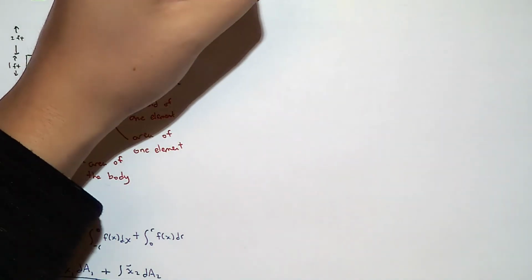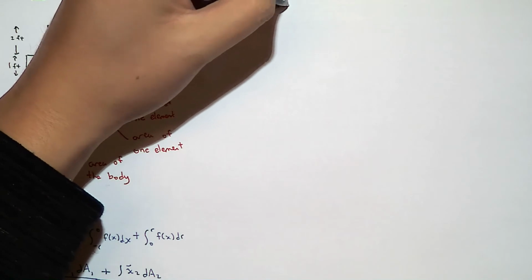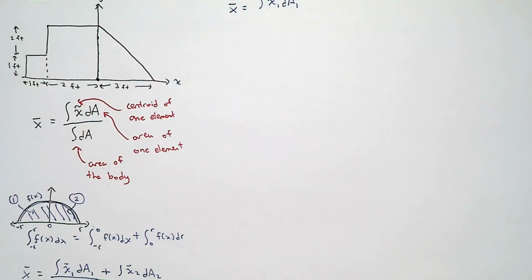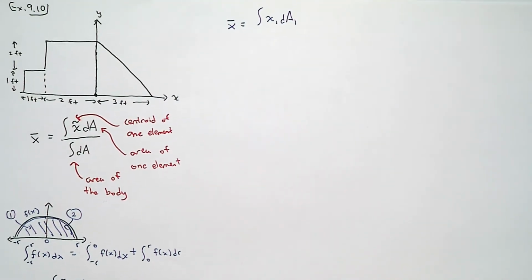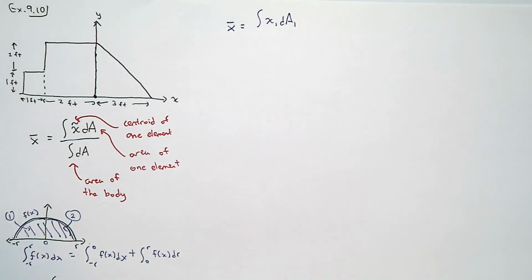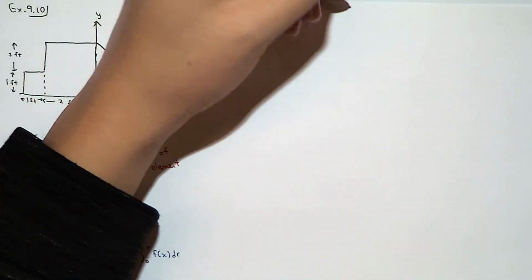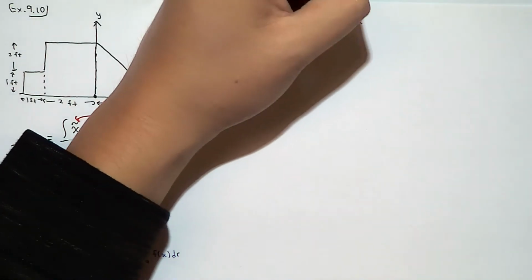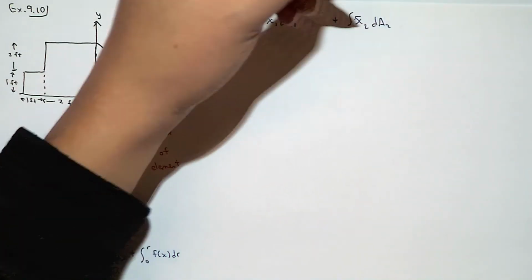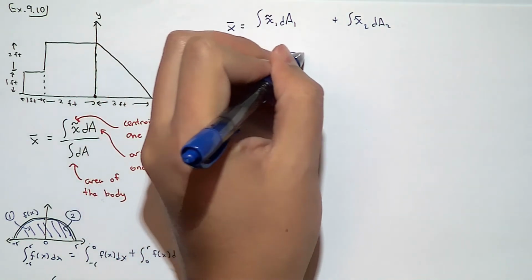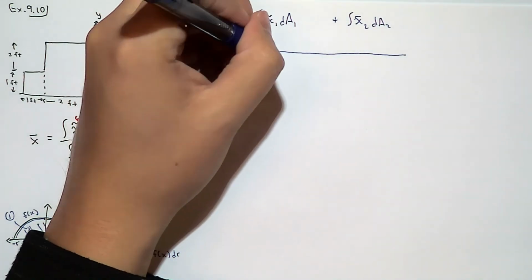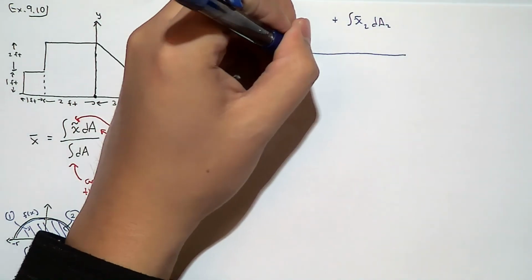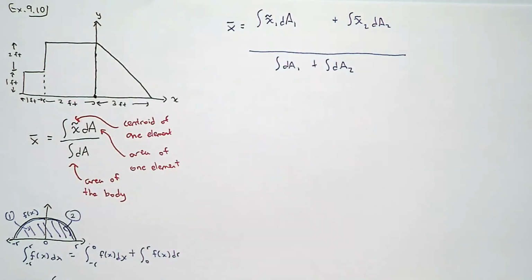X bar, I'm going to multiply the terms in this equation by dA1 over dA1 and dA2 over dA2. So let me just write these down first. This is x squiggly. So this was the equation that we had originally.